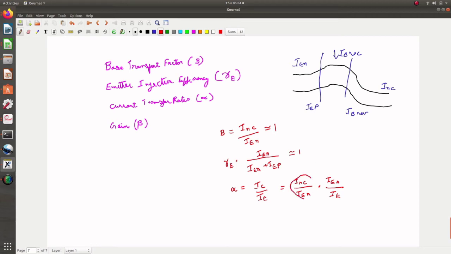This term is B and this term is gamma E. So in other words, we could say that the current transfer ratio is the product of base transport factor B and emitter injection efficiency gamma E. So B gamma E is equal to alpha.